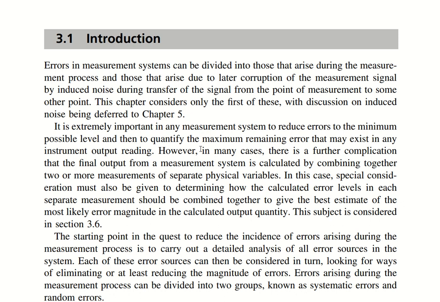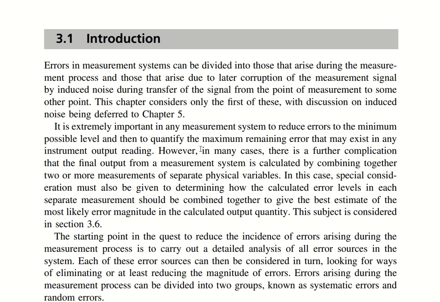As you know, it is very important in any measurement system to reduce the error to the minimum possible level and then to quantify the maximum remaining error that may exist in any instrument output reading.